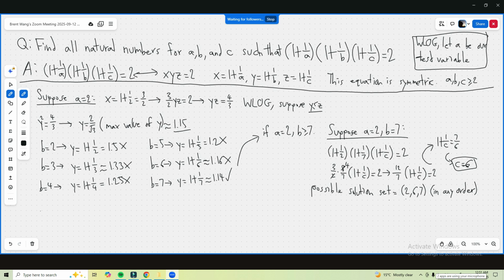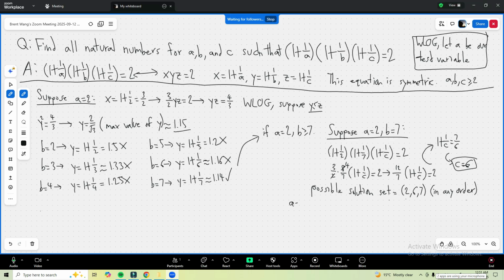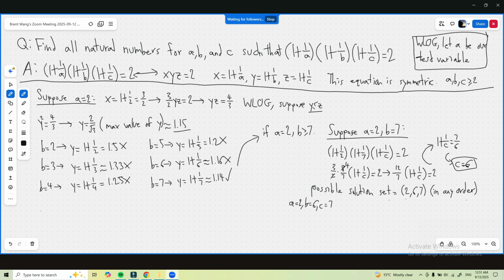Okay, so that means that the 6 possible solution sets are a equals 2, b equals 6, c equals 7; a equals 2, b equals 7, and c equals 6. If b were to equal 2, then a equals 6 and c equals 7, and then b equals 2, a equals 7, and c equals 6.